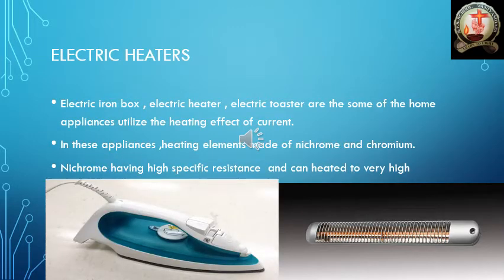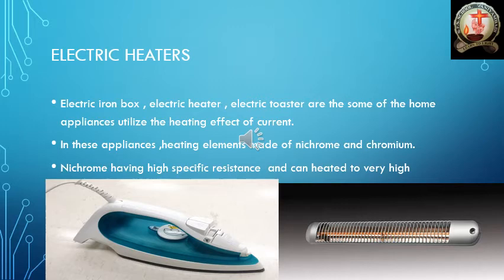Electric heaters. This is the first application of the heating effect. Now we'll discuss this concept. First point in this topic: electric iron box, electric heater, and electric toaster are some of the home appliances that utilize the heating effect of current.